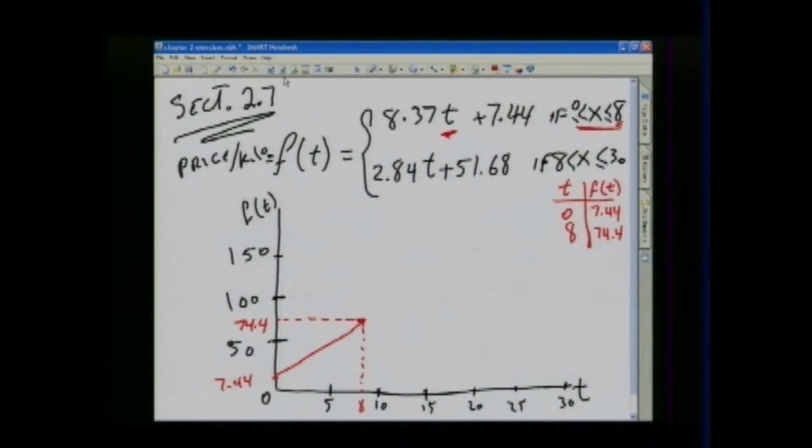Then let's take another extreme and see what happens at 30.